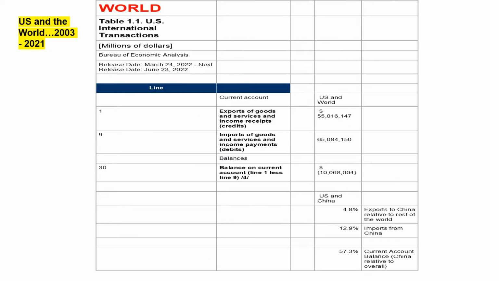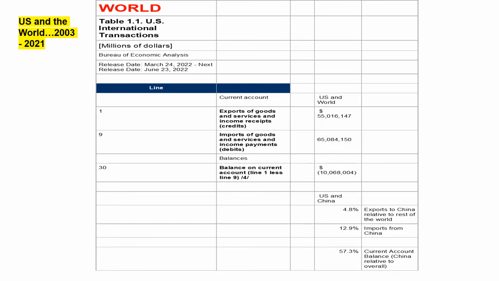So this is, again, the U.S. with the world, totaling up our exports and our imports and the balance on that current account. What you'll notice is much higher numbers: $55 trillion in exports versus $65 trillion in imports, so a current account balance of about $10 trillion. What's interesting is that a huge portion of that is associated with China.